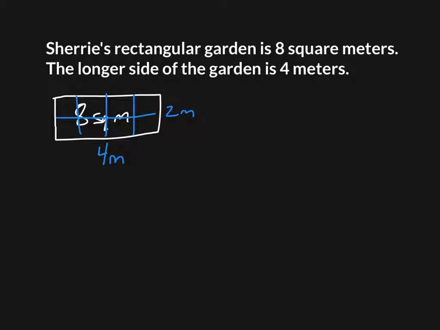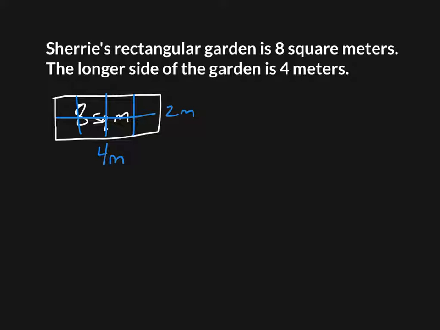Now, we have another gardener that comes in, Nancy, and her garden is twice as long and twice as wide. So I want you to think about how you would sketch out Nancy's garden. How long would it be and how wide would it be?